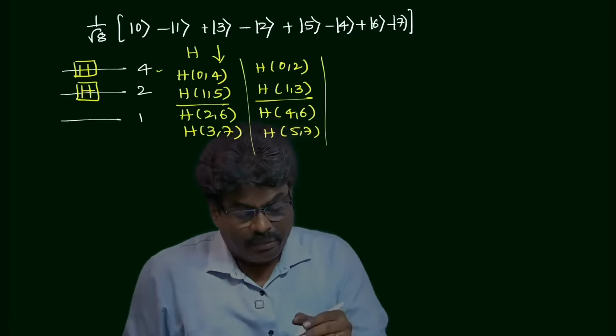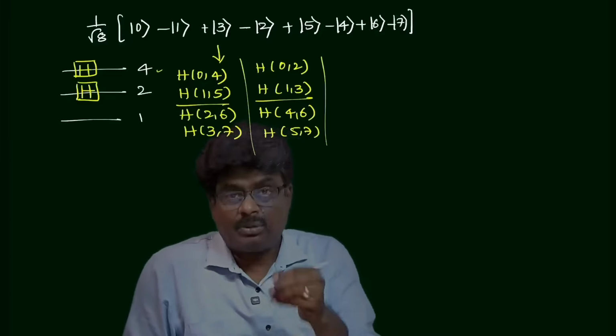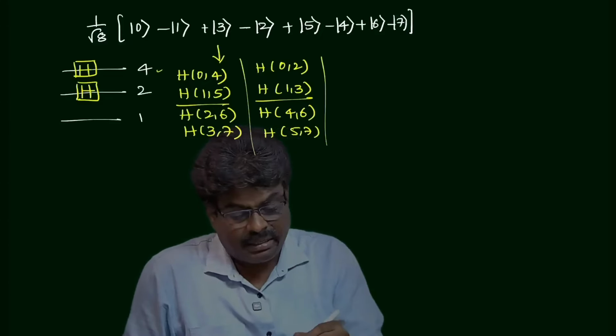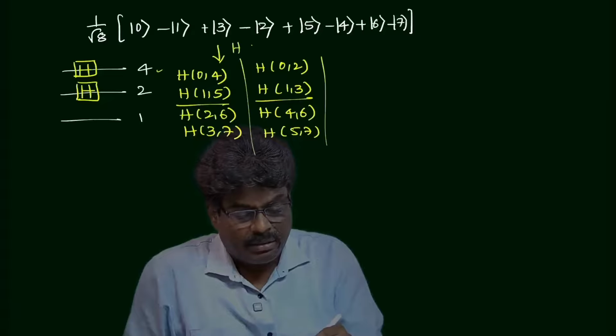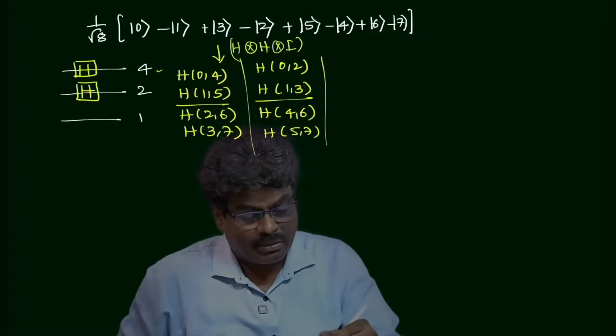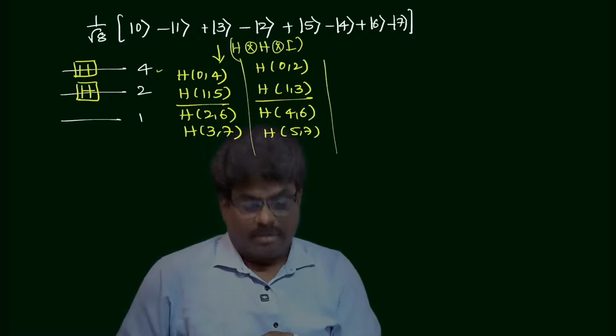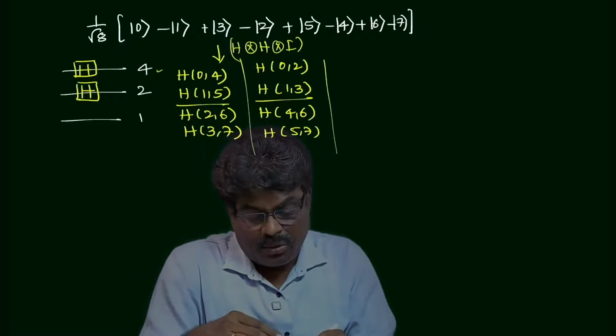Right, so here we have actually two Hadamard operators. So this is nothing but h tensor h tensor I. Identity, no need to write the operation. So let us start. Now here we have 0 comma 4.